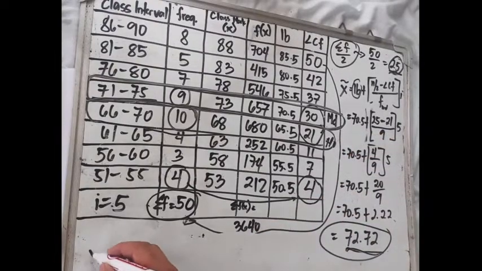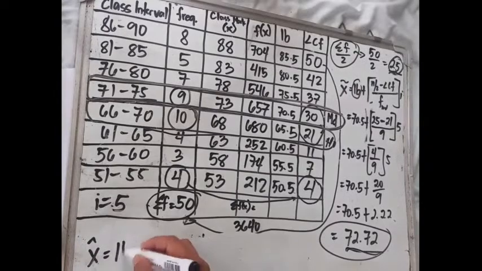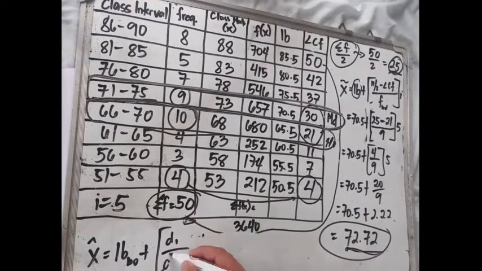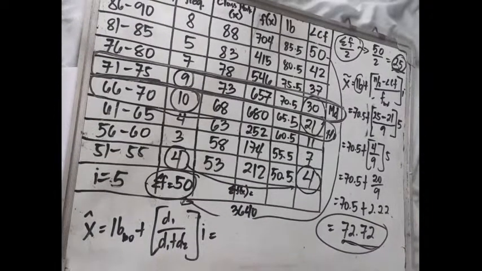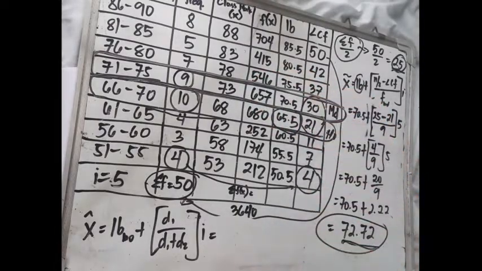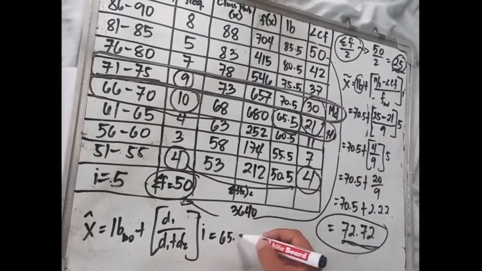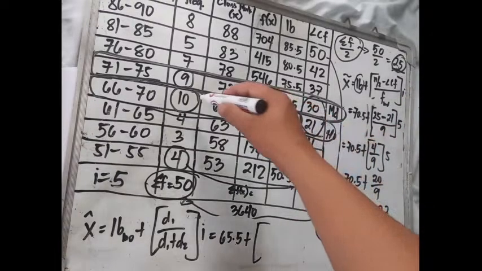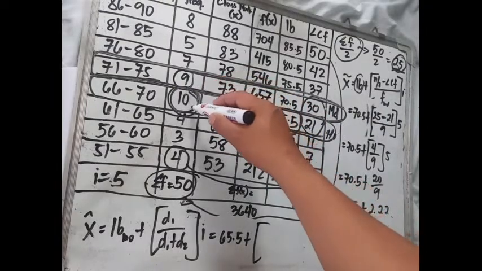So using the formula, mode equals lower boundary of the modal class plus d sub 1 over d sub 1 plus d sub 2 times I. So let's substitute. So lower boundary of the modal class, that is 65.5 plus d sub 1, it is the difference between the frequency of the modal class and below.